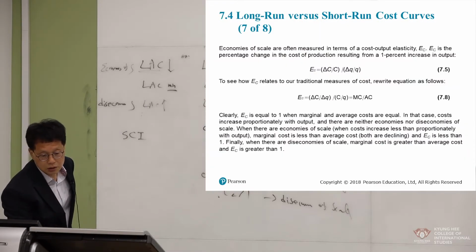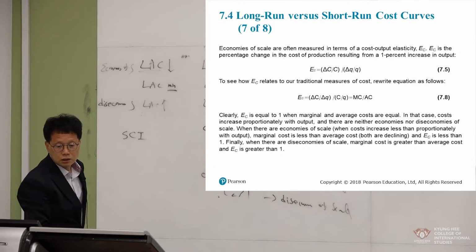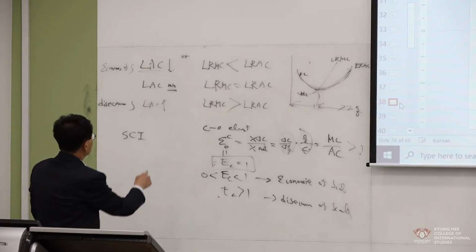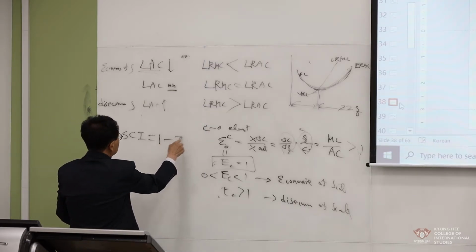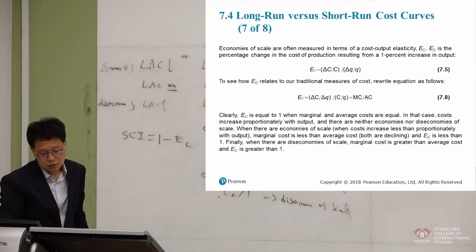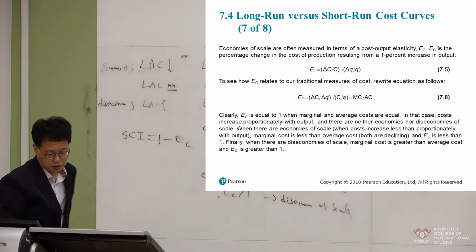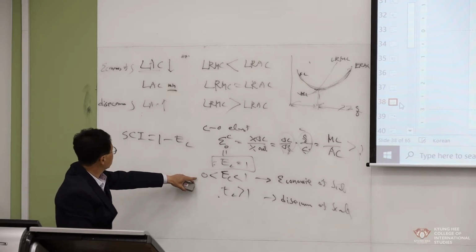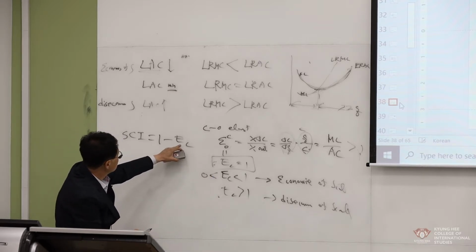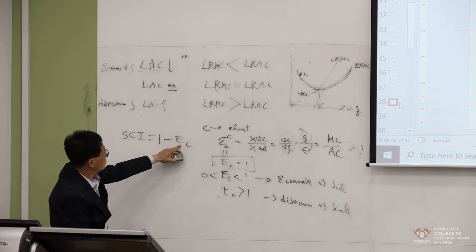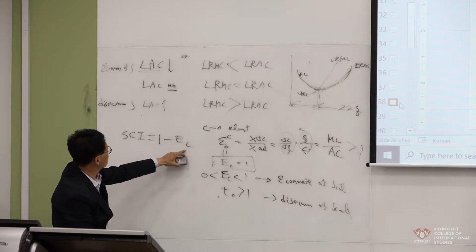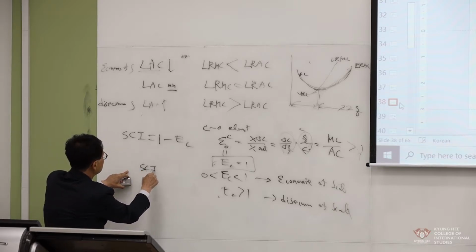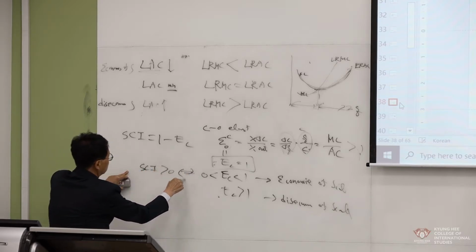This one is defined by 1 minus EC. Am I correct? Like this. Then, for economies of scale, EC is higher than 0, less than 1. Then 1 minus 0 point something, so SCI is positive.